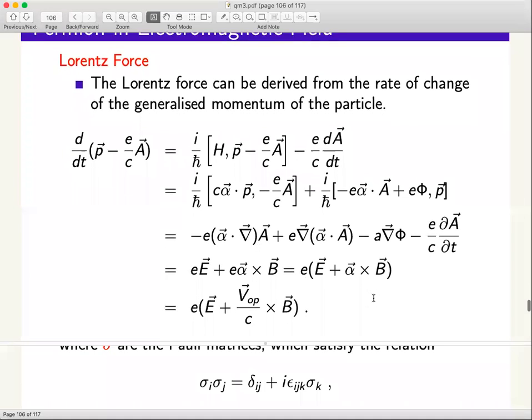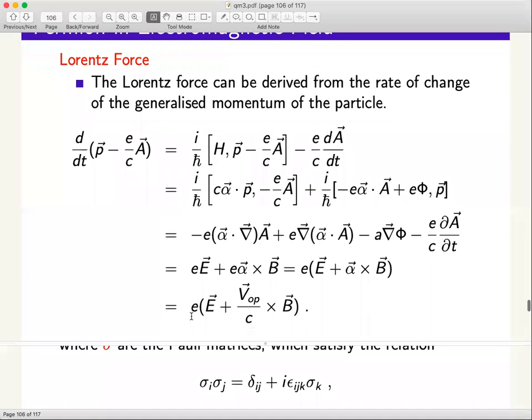Therefore you get a term which is e, the electric charge, times the electric field, plus the velocity operator by c times B. Now notice that in this expression everything is an operator, because this was an operator whose time evolution is being looked at. And so we have eventually found an operator expression for the Lorentz force.